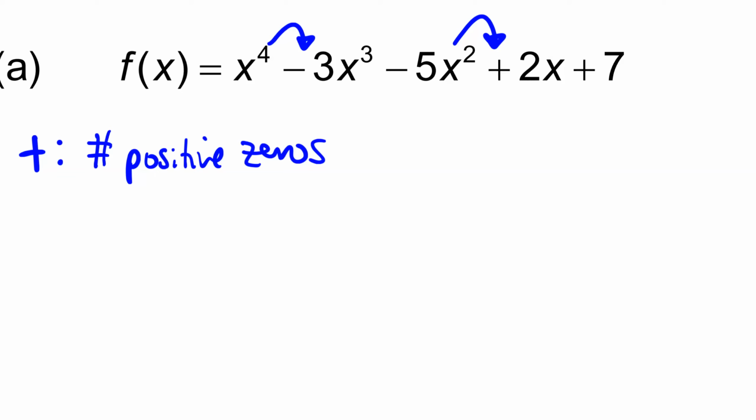Yeah, it is. Okay, so number of positive zeros, 2. But remember, star, star, less that by some even number. So you find your number, you subtract 2, and you keep doing that until you reach your 2 endpoints, 0 or 1. So however many changes you have, you keep subtracting 2 until you reach 0 or 1 as your endpoint.